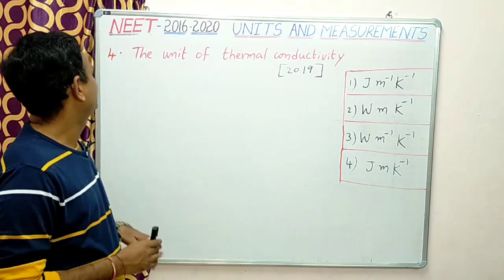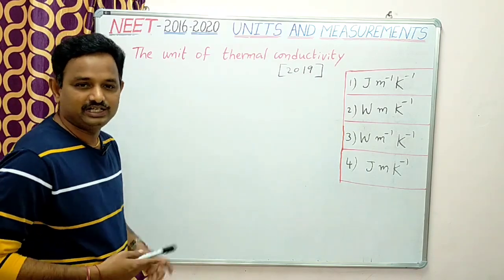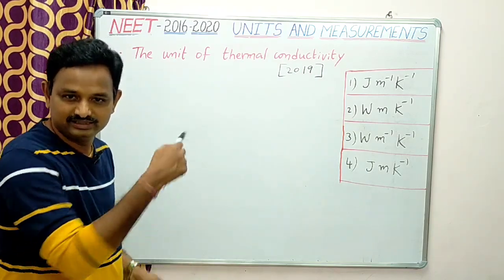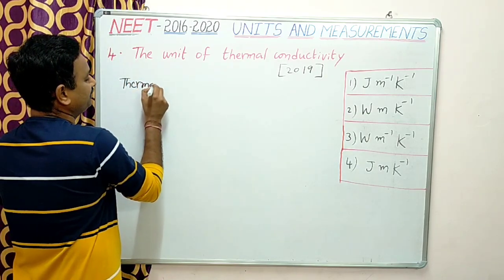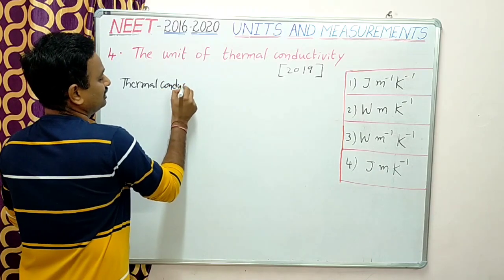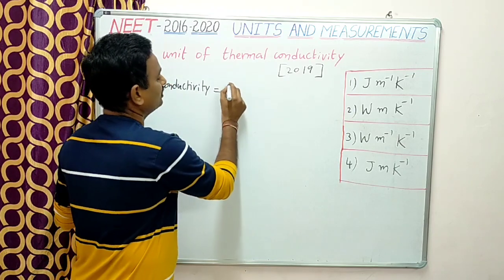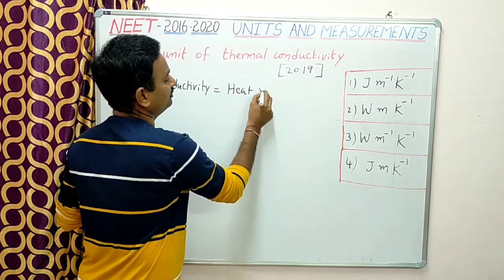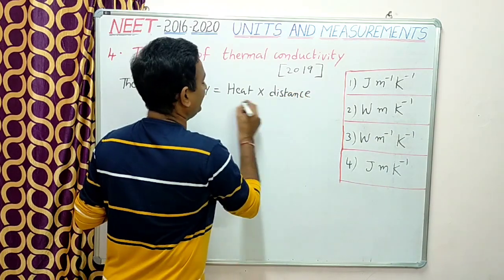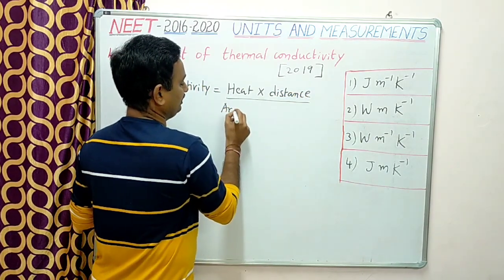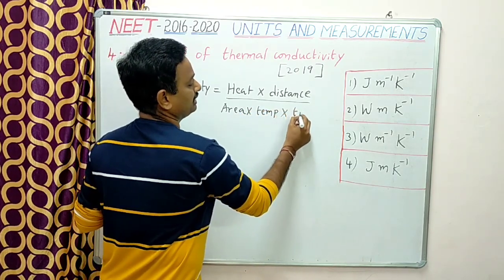Look at here. The unit of thermal conductivity is, first of all I will write formula for thermal conductivity. Look at here. Thermal conductivity is equal to heat into distance by area into temperature into time.